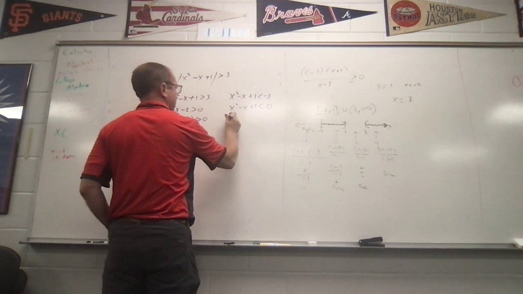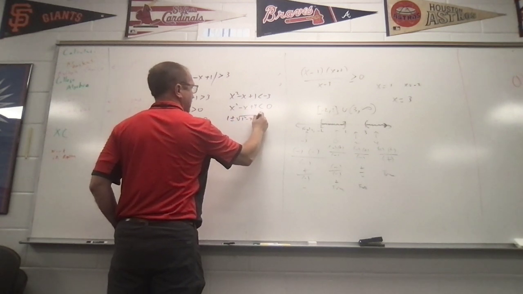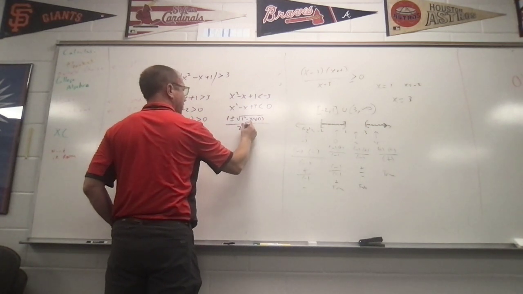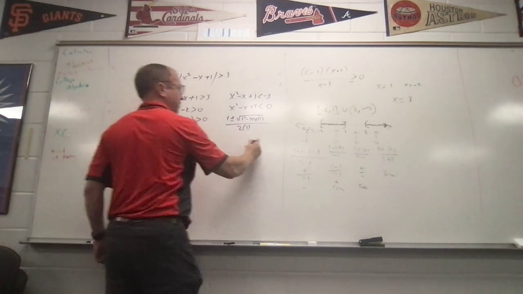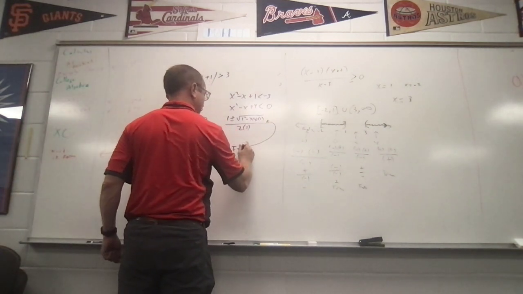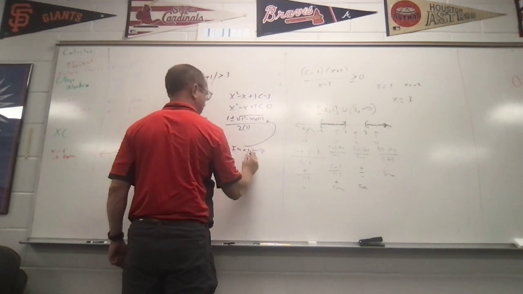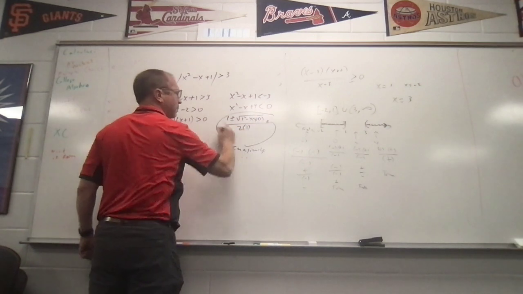So 1 plus or minus the square root of b squared minus 4ac over 2 times a. All right. This is imaginary. Therefore, we don't need it.